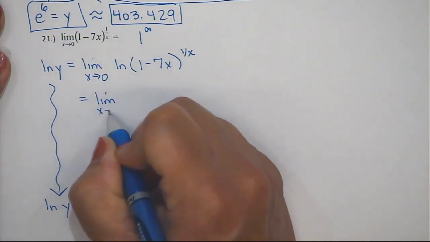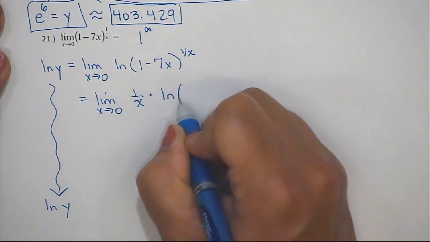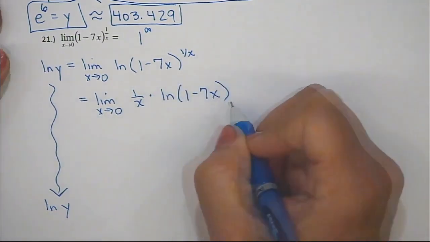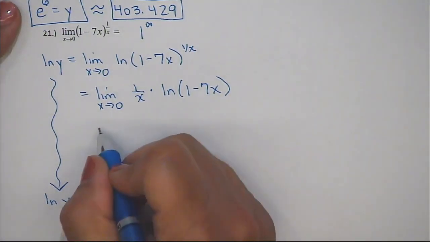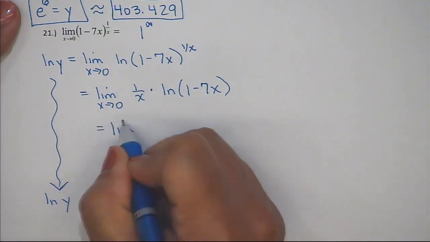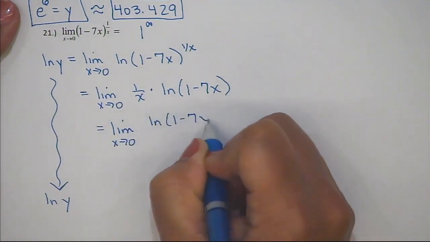So this one's kind of interesting. When you bring the exponent out front, which is 1 over x, think about how that goes in the denominator. You've got 1 over x. So what is that going to give you in the bottom? Just x, right? So when we switch it, I'm going to leave the natural log in the top.